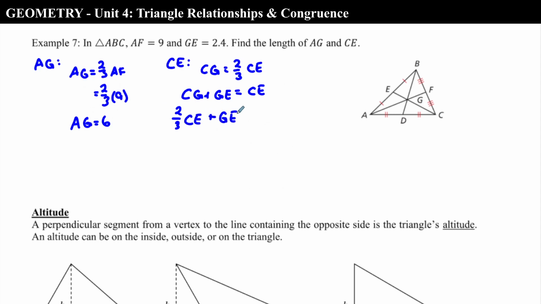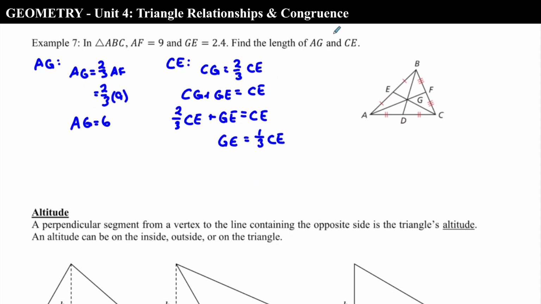GE is here, and CE is here. Now we're still solving for CE. So let's subtract 2/3 CE from each side. So we've got GE equals 1/3 CE. Now that makes sense, right? Because if CG is 2/3 of this length, then GE is 1/3 of this length. So what we just showed was that GE is indeed 1/3 of the length of the whole thing, CE.